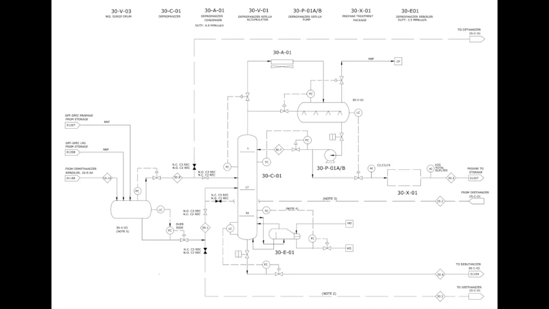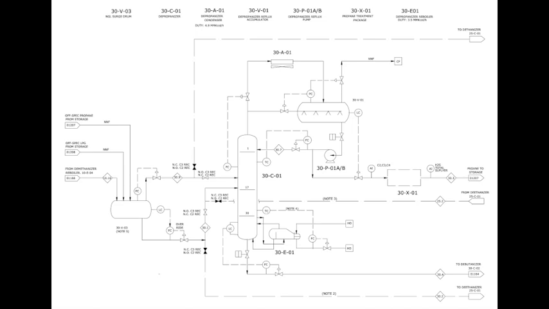In this column you will find several control loops. Let's consider it from the top to the bottom. You will have first a pressure controller that controls the pressure at the top section of the column by manipulating the flow rate of the upper product from the column.